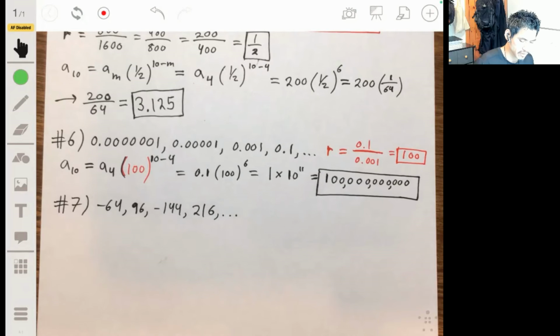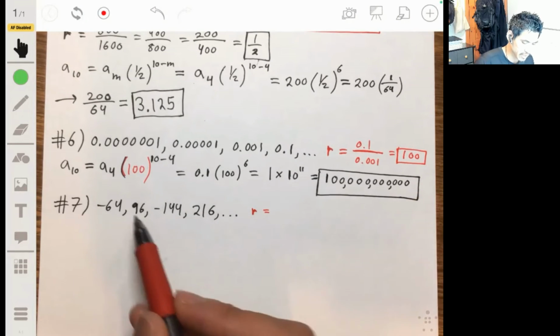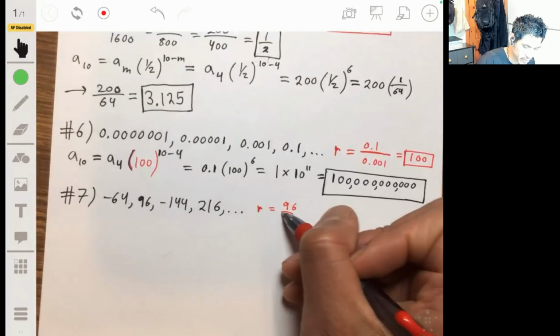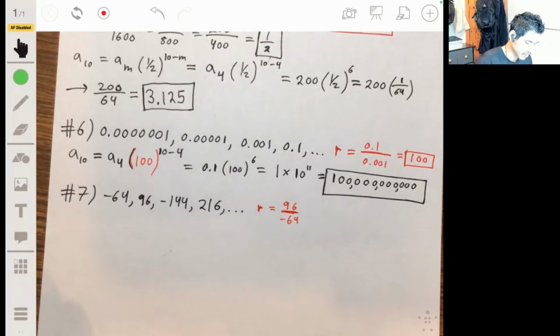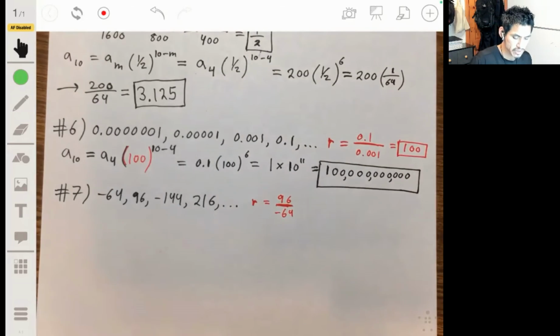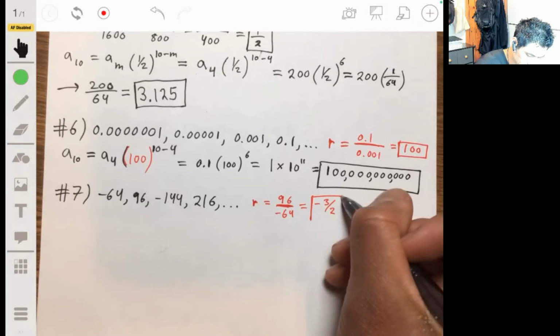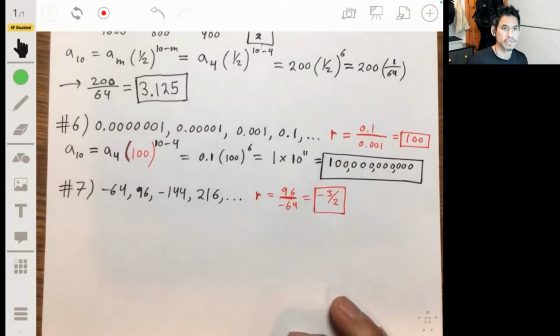So find the common ratio first. Here, I'll take 96 over negative 64, because those are probably easier numbers to work with, which is going to be negative 1.5. I'm going to leave it as negative 3 halves. It's actually easier and better to use fractions when dealing with geometric sequences.